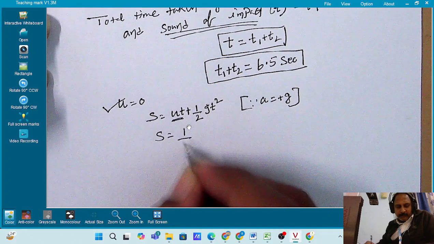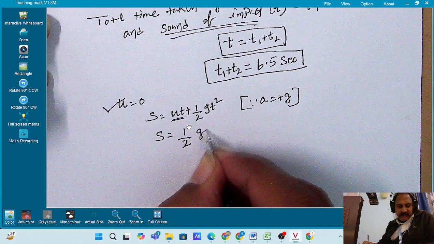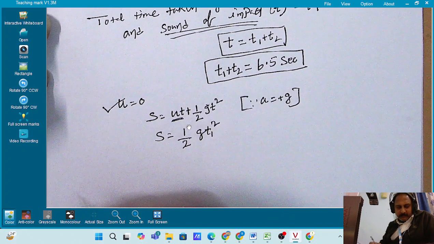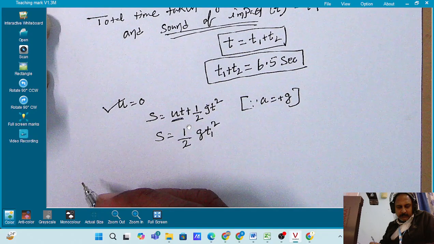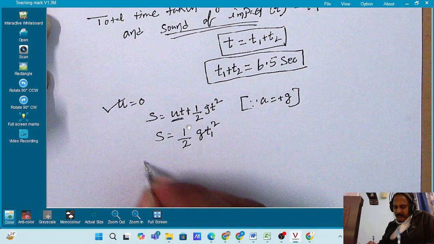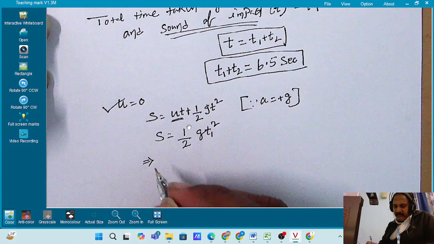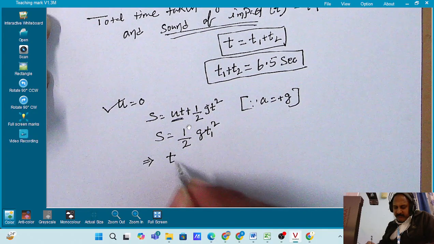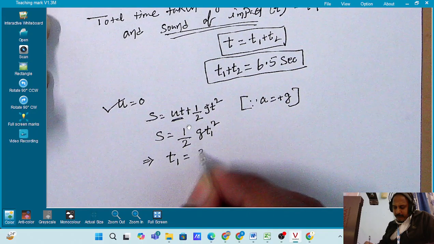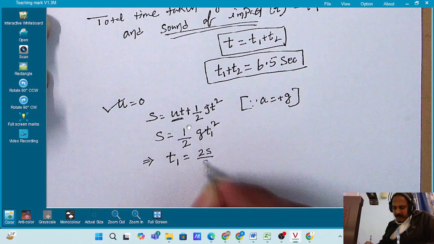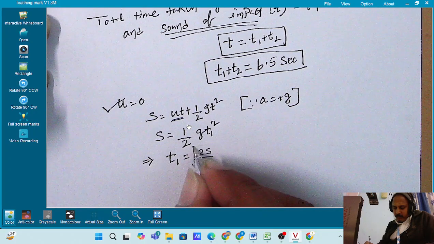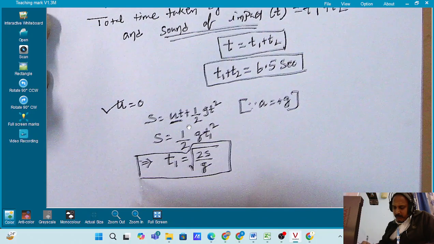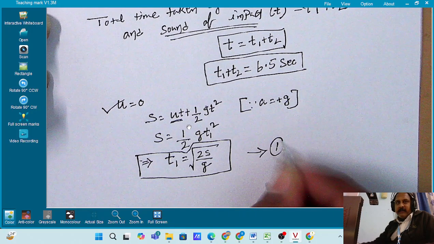So S is equal to half g t1 squared. What is t1? The time taken by the stone in the well. So ultimately we get t1 is equal to root over 2S by g. Let us take this as equation 1.